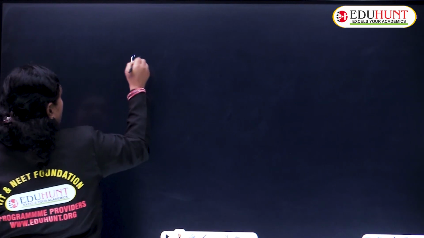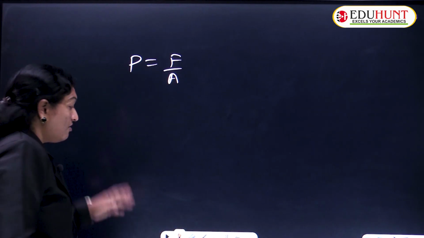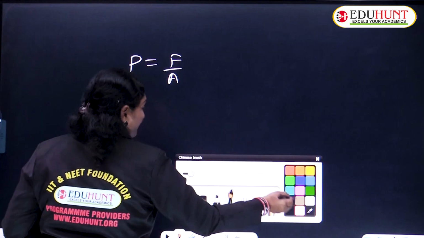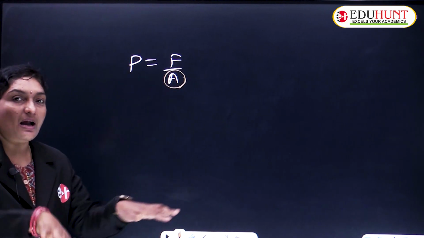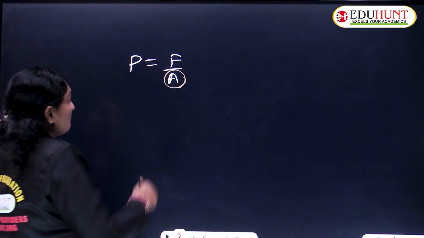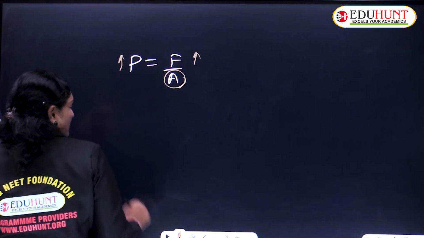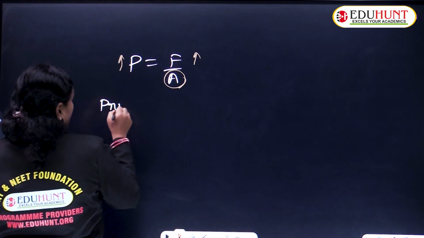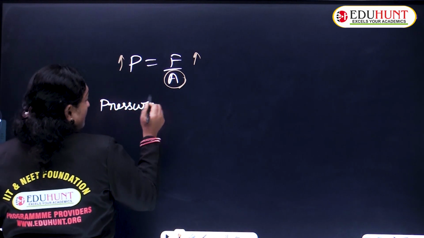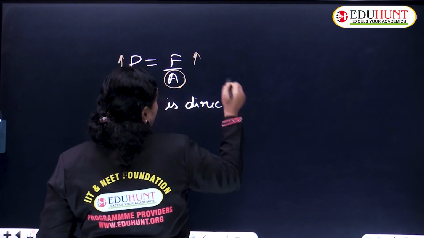Since pressure is equal to force upon area, for a given surface, if the area is constant and the force is increased, then the pressure will increase. This indicates that pressure is directly proportional to force.